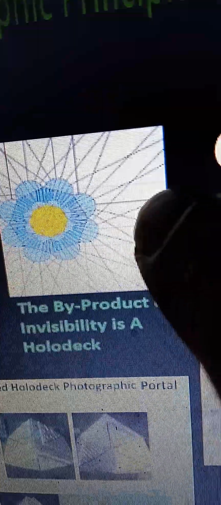The byproduct of invisibility is a holodeck, and they're inverse forms of each other. You turn one outside in, you have a holodeck. You turn the holodeck inside out, you have an invisible object. These two different regions. Okay.